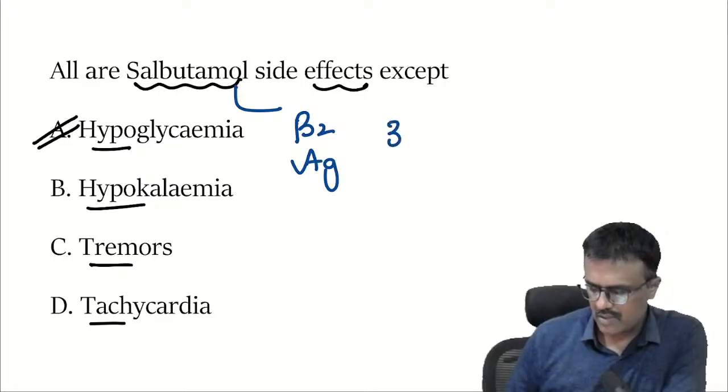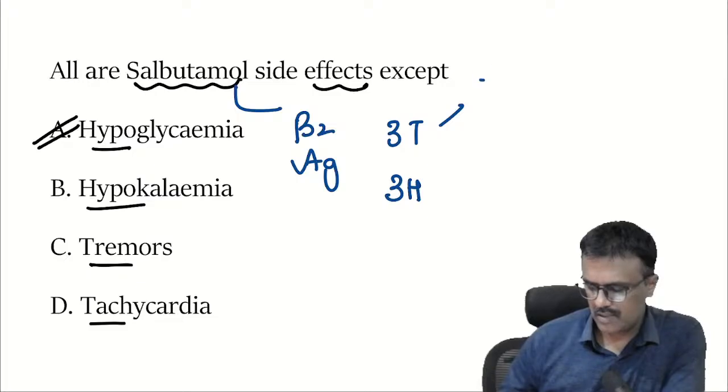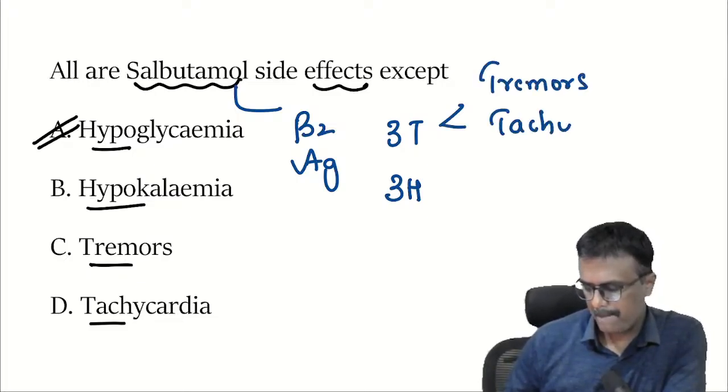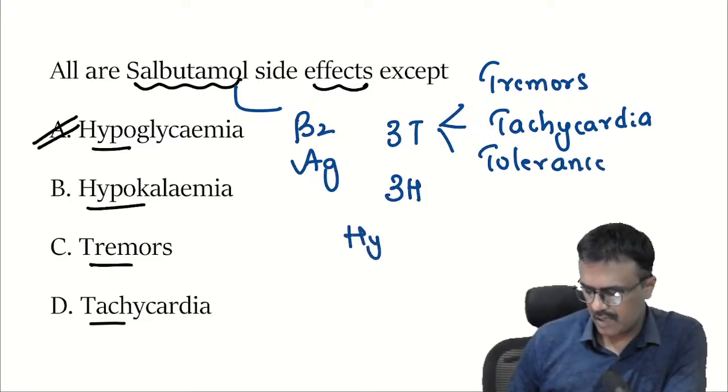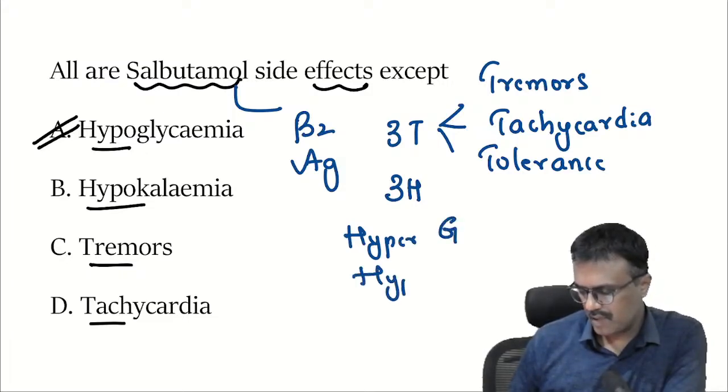So it causes 3T, 3H. What are the 3 T's? Tremor, tachycardia, tolerance. 3H: hyperglycemia, hypokalemia, hypotension.